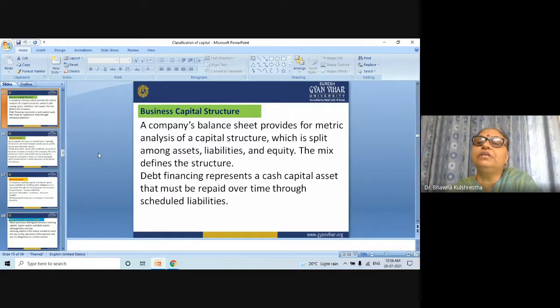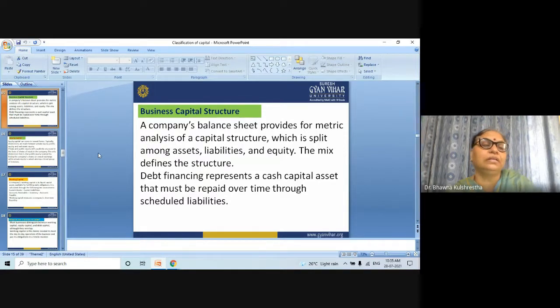One of the key metrics for analysis of business capital are weighted average cost of capital, debt to equity, debt to capital, and return on equity. These are the weighted average cost of capital.